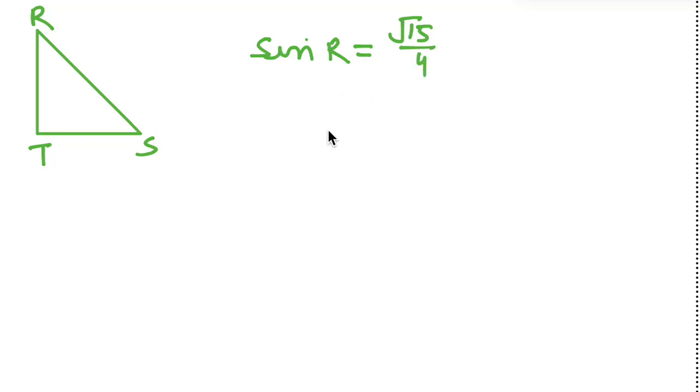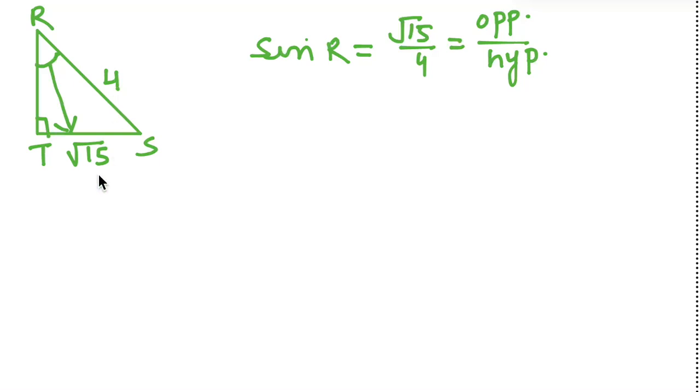Now if we see concepts 2 and 3, you can pause here, go back and see the concepts, or write them on paper. So if it is R, the opposite is TS. Sine theta is opposite over hypotenuse, so opposite is root 15 and hypotenuse, which is opposite to 90 degrees, is 4. That is given to us.